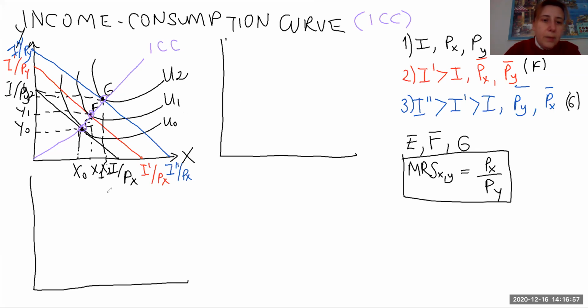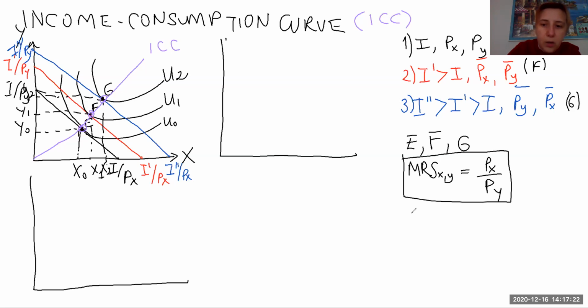And by using income consumption curve, just remember the lesson on Monday. We said that by using price consumption curve, we can derive the individual demand function. And by using income consumption curve, we can derive the Engel function of the consumer.